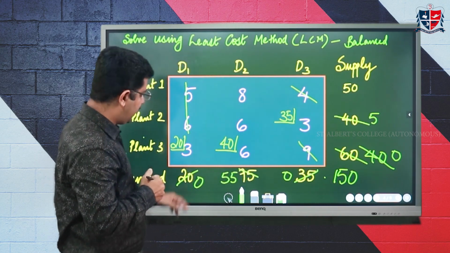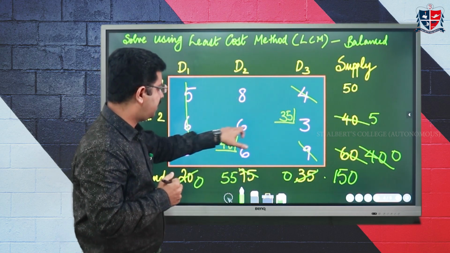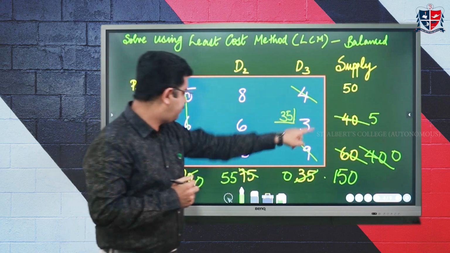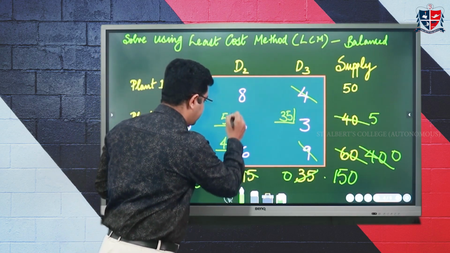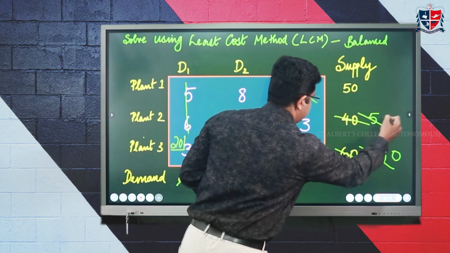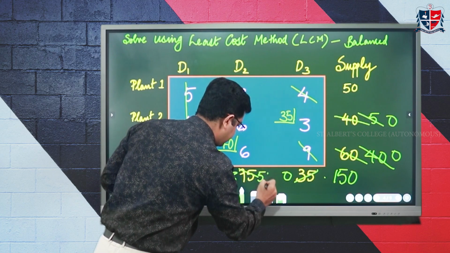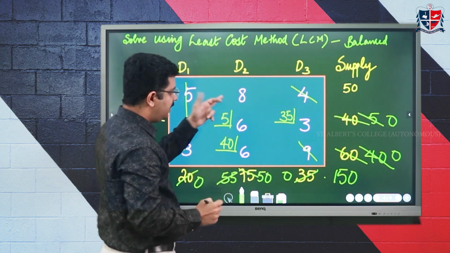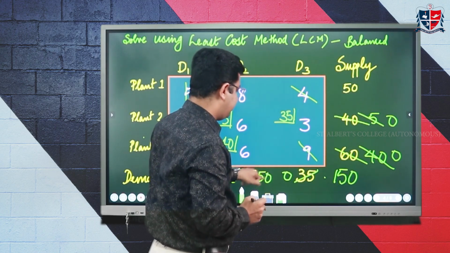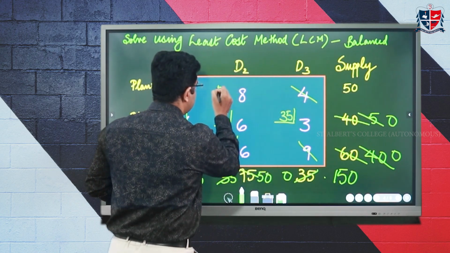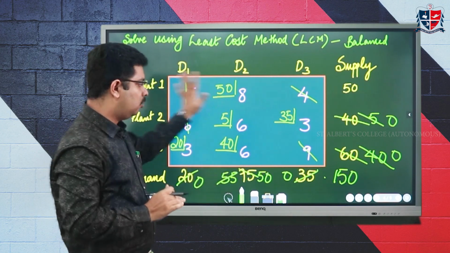Next, you have 5 and 55, so you allocate 5 here. This 5 becomes 0, cancelling all of that, and this becomes 50. Finally, you check that it is a balanced problem, so demand and supply will be equal, 50 and 50. So allocate that 50 here. With this, the allocations are done.